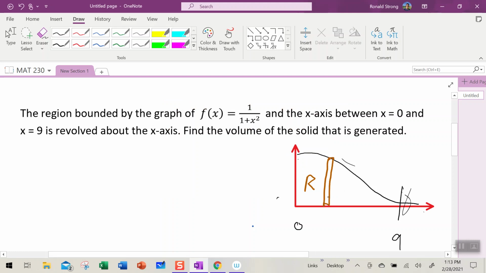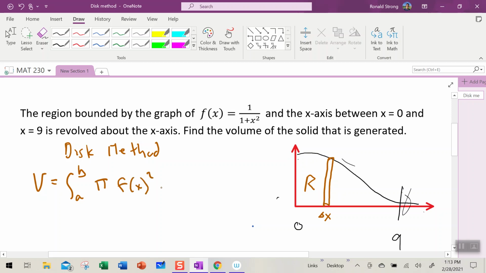The width of the rectangle is along the x-axis, delta x, so we'll be integrating along the x-axis. And the easiest method to use for this would appear to be the disk method, the good old disk method. The formula for the disk method is volume equals the integral from a to b of pi times f of x squared dx.